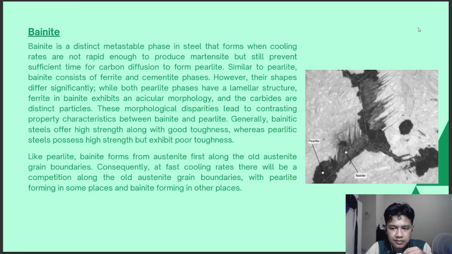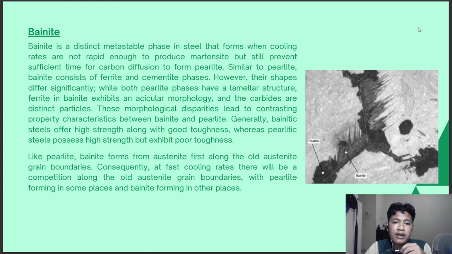Next is bainite. Bainite is a distinct metastable phase in steel that forms when cooling rates are not rapid enough to produce martensite, but still prevent sufficient time for carbon diffusion to form pearlite. Similar to pearlite, bainite consists of ferrite and cementite phases. However, their shapes differ significantly.